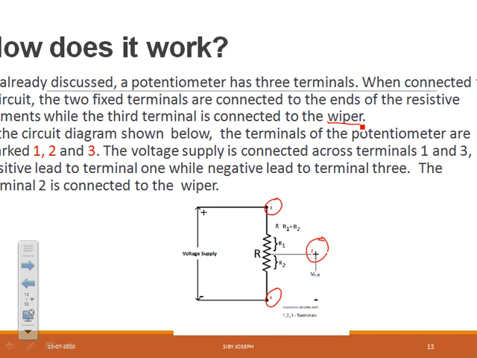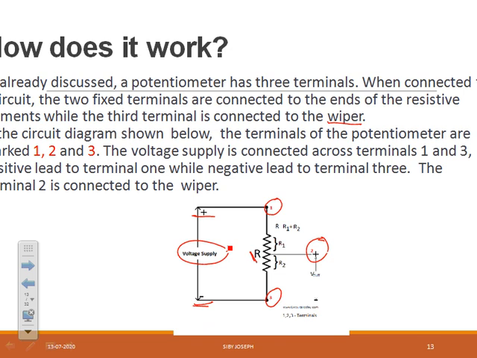Terminal 1 is connected to the positive of the voltage supply, and terminal 3 is connected to the negative of the supply voltage, so that the voltage drop across this resistance R is a constant value equal to the supply voltage.